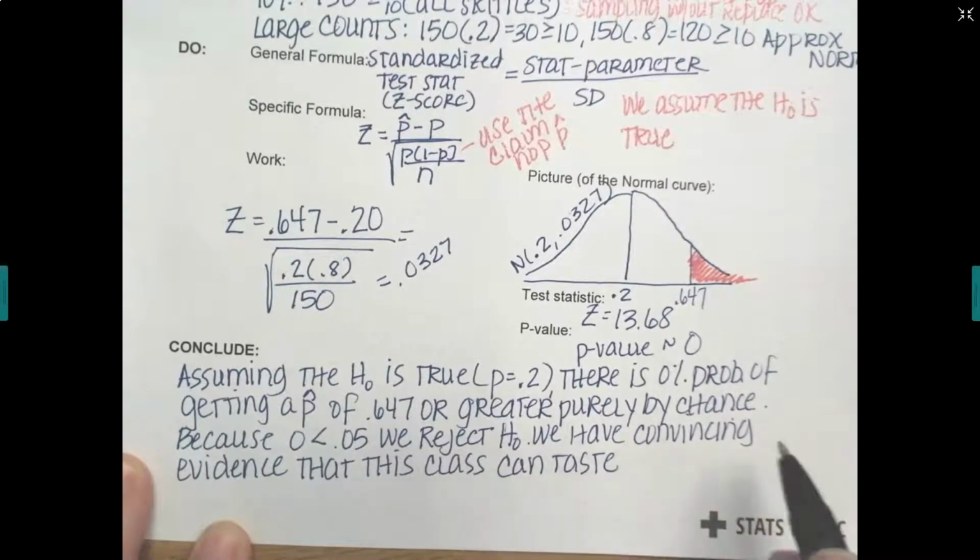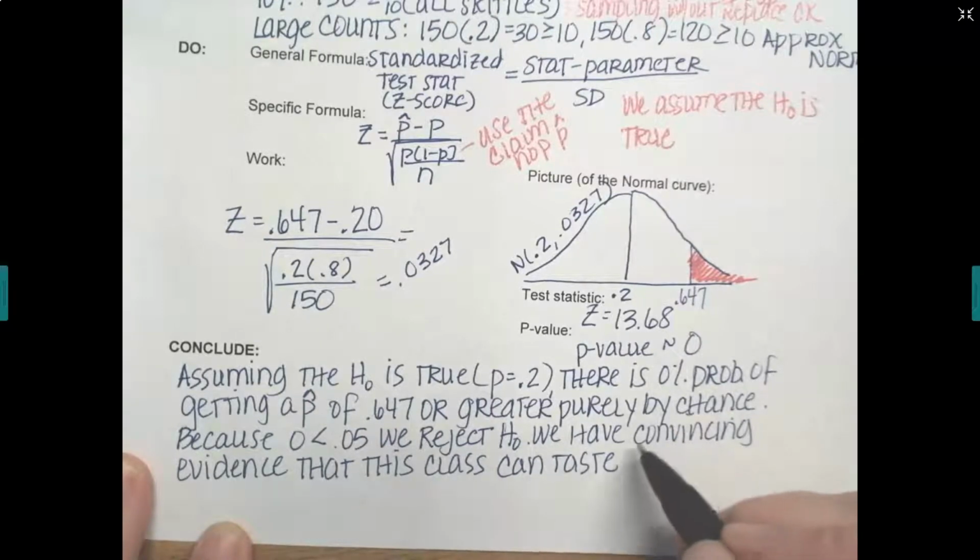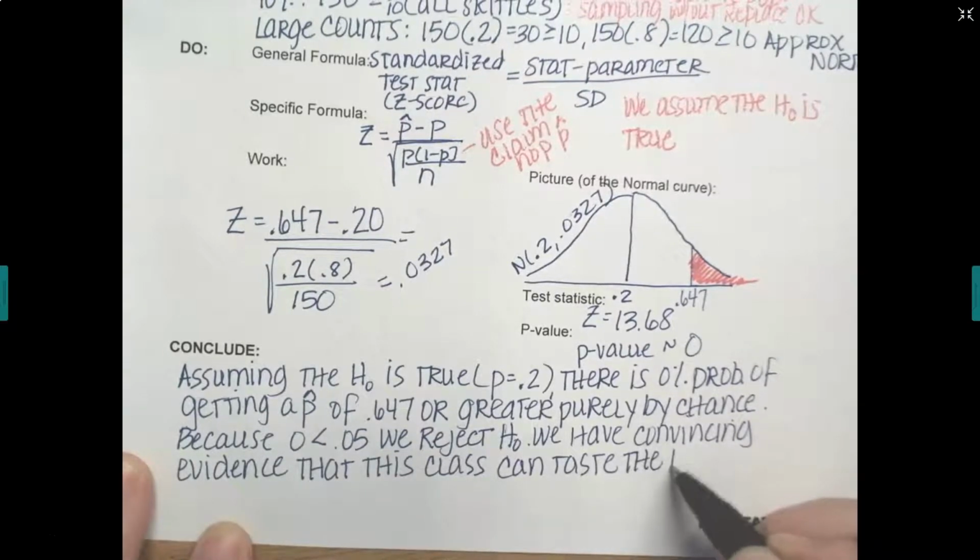They weren't just guessing, because if they were guessing, it would have been close. It would have been 0.2 or closer to it. But we were well beyond it, and significantly well beyond it. So we say we think they can actually taste the Skittle flavors.